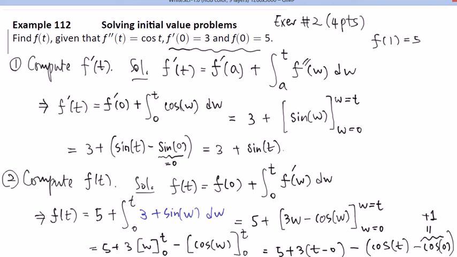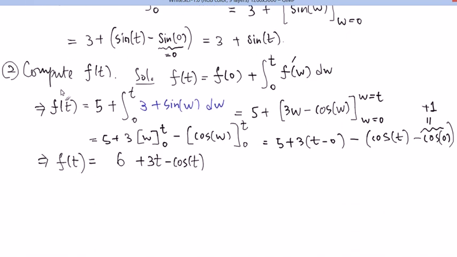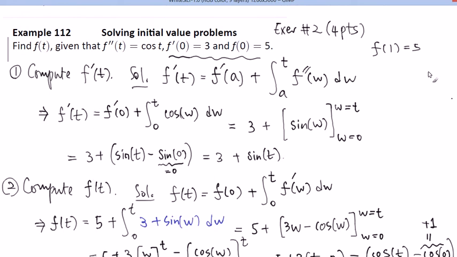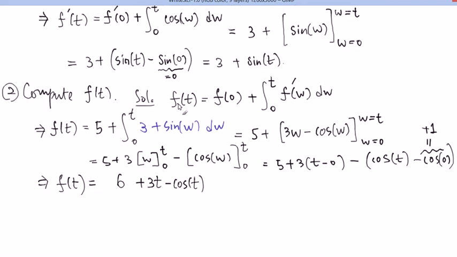When you enter f of t, you don't want to consider f of 0 plus the integral from 0 to t, because you don't know anything about f of 0 at that stage. If it is given like this, you only know f of 1 equals 5, right? So you will consider f of t equals f of 1 plus the integral from 1 to t, so that you know the information about f of 1, so it can be a number.